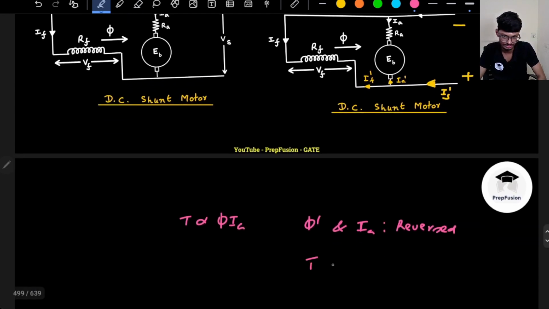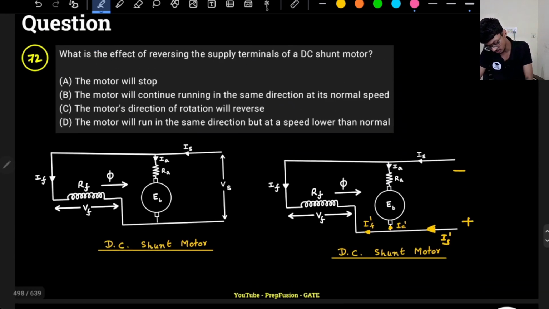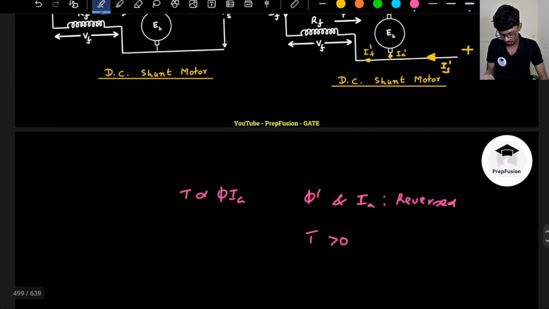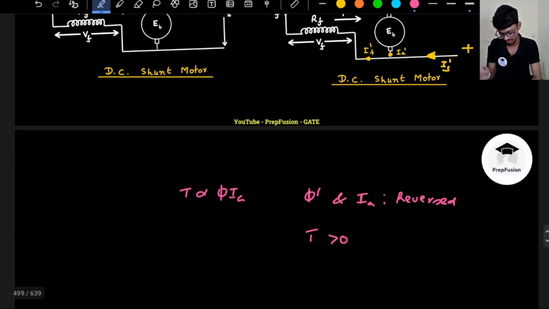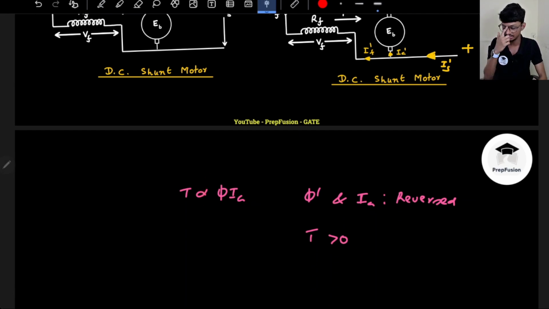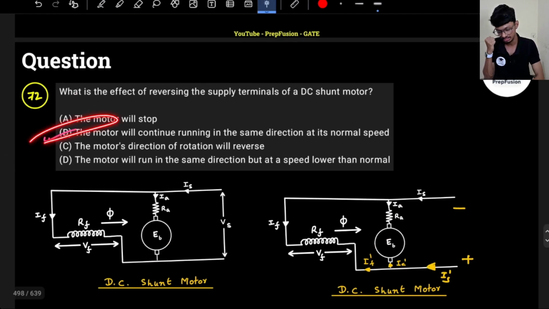Torque direction will remain the same. So torque will be positive only, torque direction will not change. So the motor will rotate in the same direction at its normal speed. Whatever was the speed, the motor will rotate in the same direction, because both the flux and the armature current have changed their direction. So values will not change. This phi value, Ia value will not change. Just the signs have changed, and negative into negative is positive. That's why this will still be B.